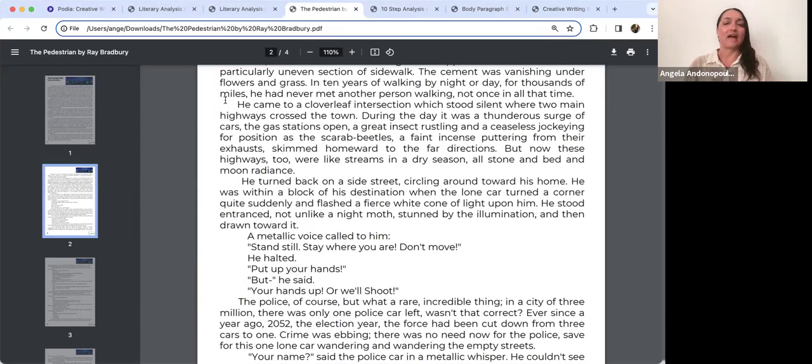And the cars as scarab beetles as well. It's like a sense of detachment and monotony. People are just going about their lives in a way that's not particularly human and connected. And the idea that they're all in their own little individual pods as well.